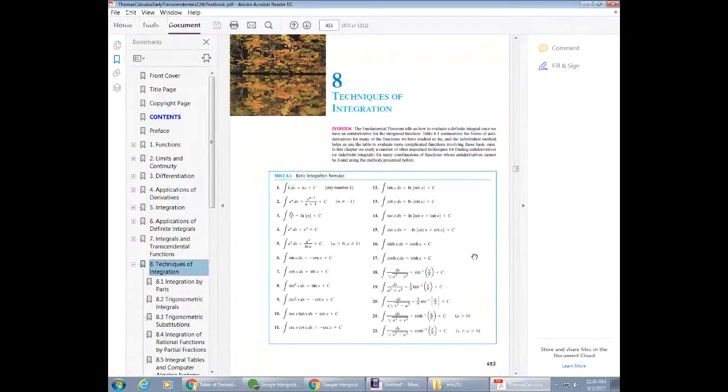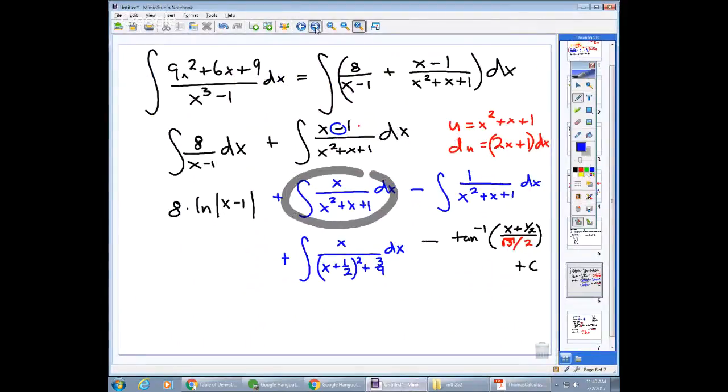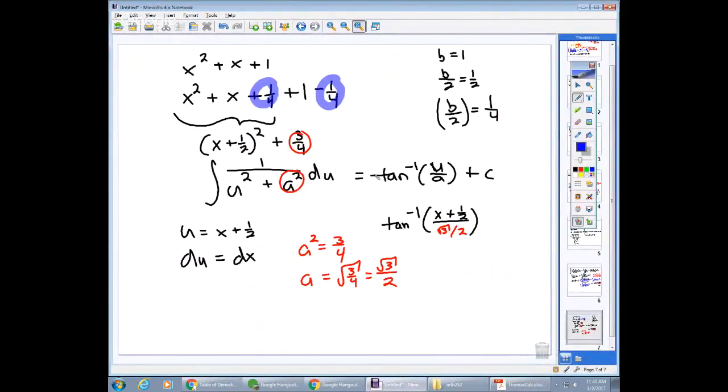And blow that up. Oh, yes, there is going to be a 1 over a in there too. Thank you, I missed that. So here, that should be a 1 over a. And so that will be 2 over square root of 3. Thanks.